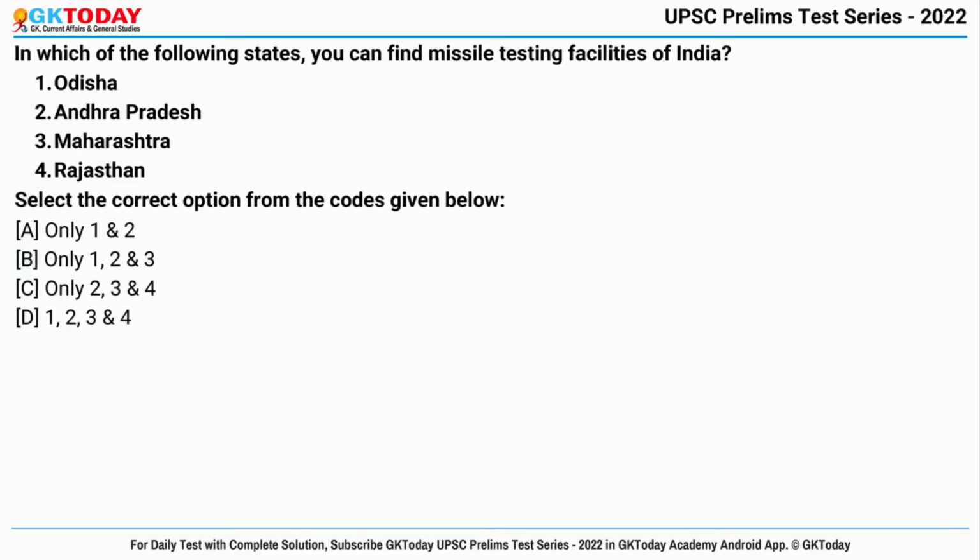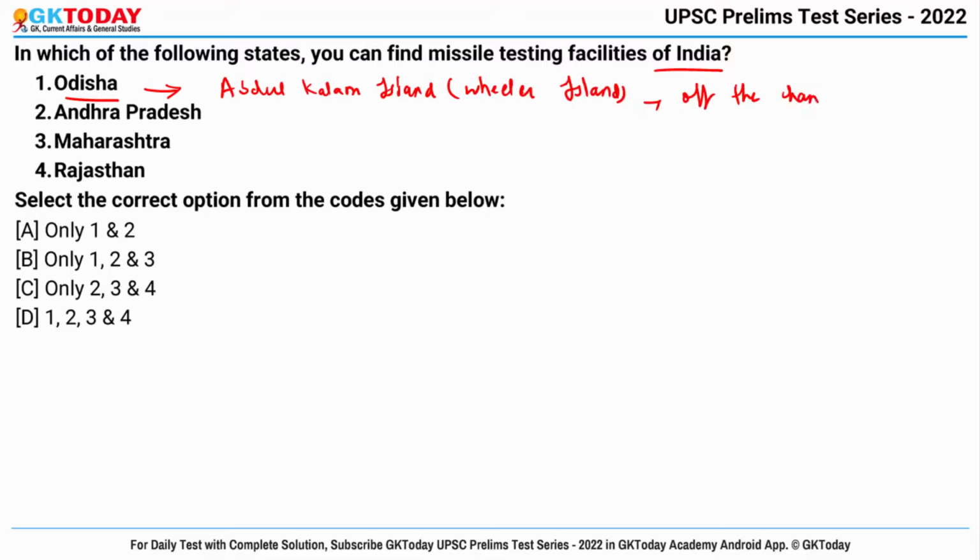Okay. And now last question. In which of the following states you can find missile testing facilities of India? First is Odisha. Here Abdul Kalam Island, formerly called as Wheeler Island, of the Chandipur coast of Odisha in Bay of Bengal, houses the Integrated Test Range Missile Testing Facility.